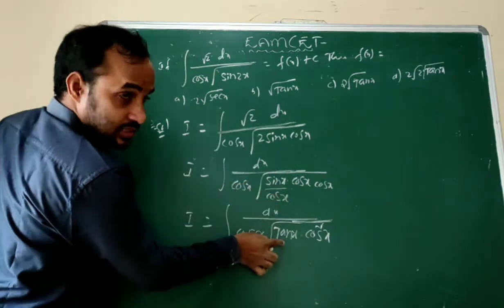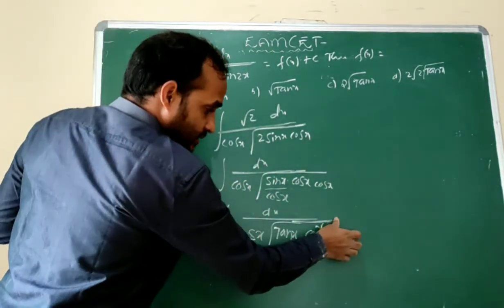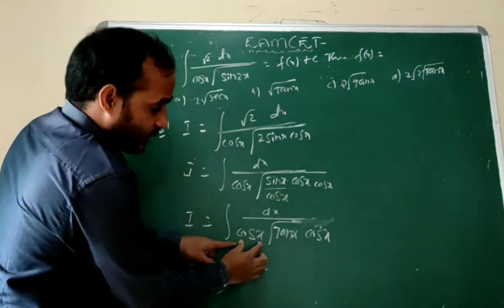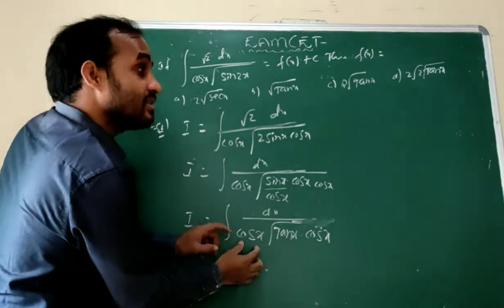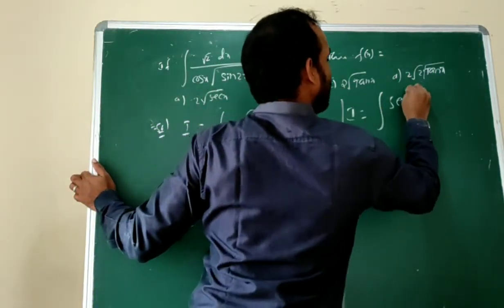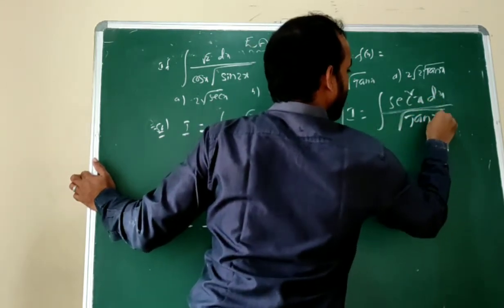Why? Sin x by cos x is tan x, cos x into cos x is cos square x. Here the square root cancels out, only cos x, cos x, cos x, cos square x. Here is 1 by cos square x, secant square x. So capital I is equal to the integral of secant square x dx divided by under root tan x.